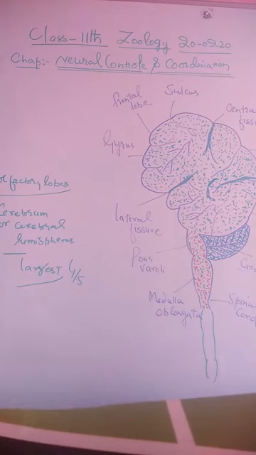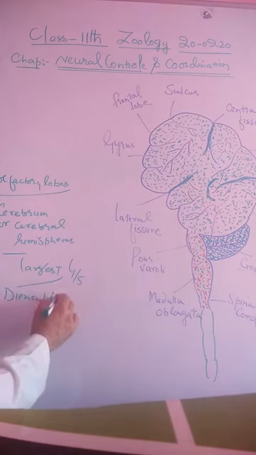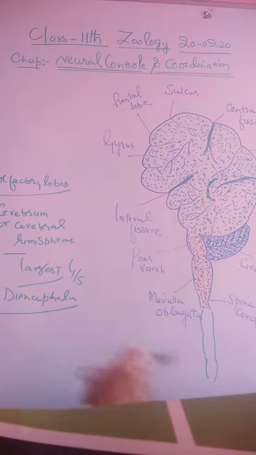There are fissures and lobes also. And so far as the diencephalon, the third part of the forebrain, is concerned, it has a slit-like cavity, the third ventricle.